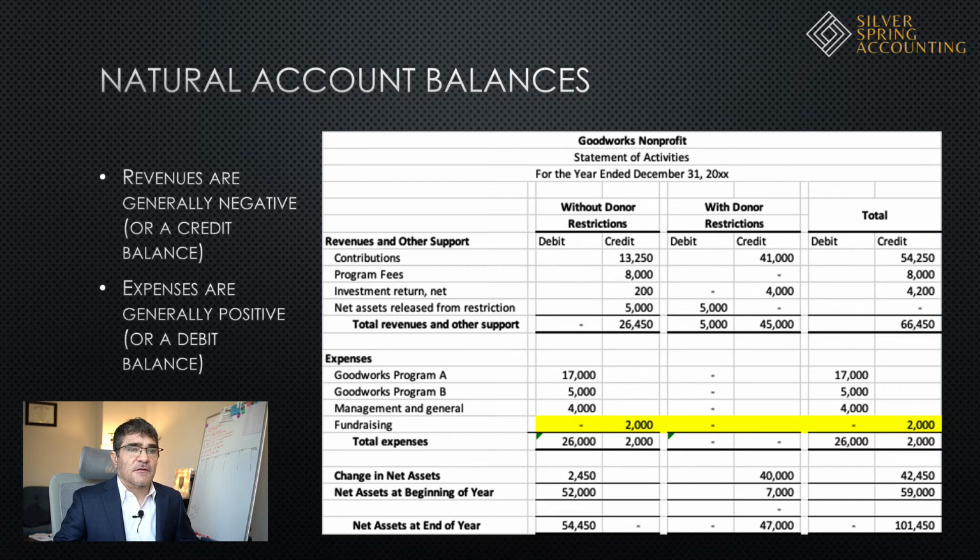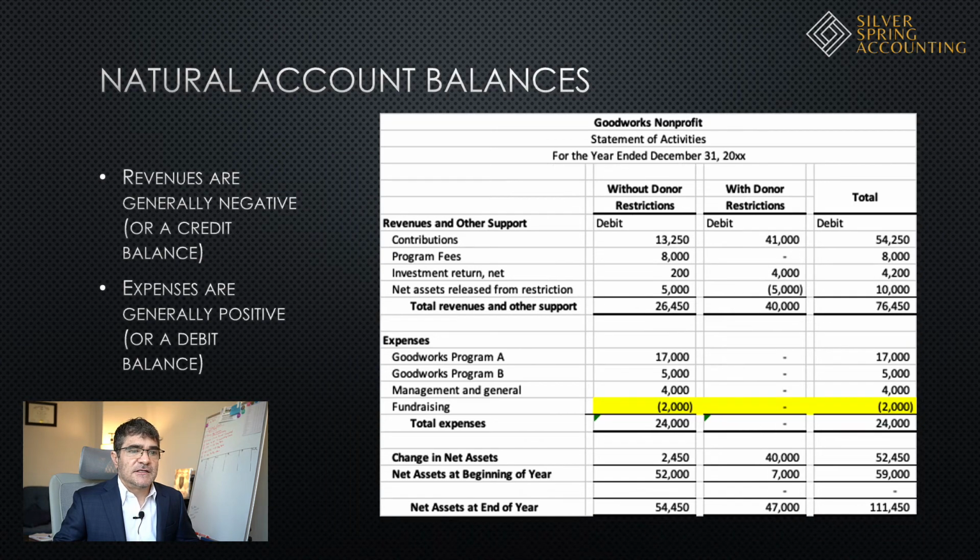And we can easily see that in the credit column we have this $2,000 for an expense, and when we show that in a single column, it's going to show as a negative expense. Now, obviously, we don't generally have a negative expense. That means we had some sort of revenue.